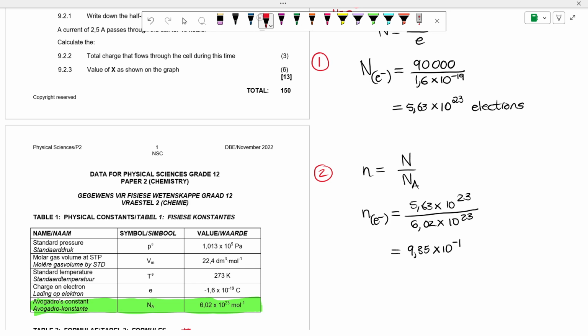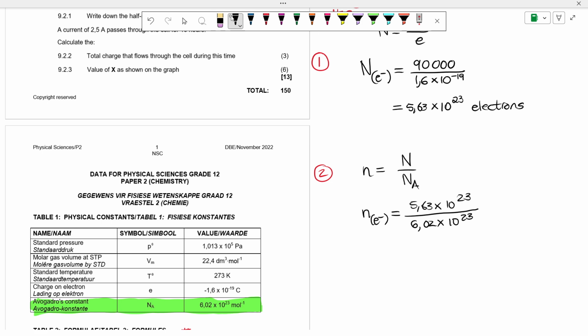Not significant. We should write this as a simple decimal. Okay, it's 0,935. Good, that one looks right.